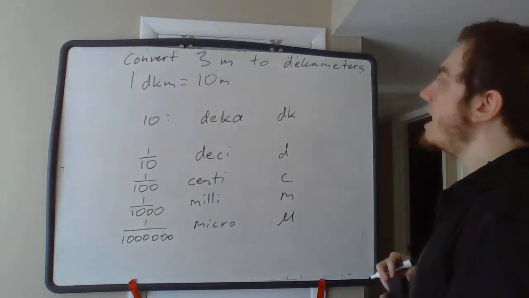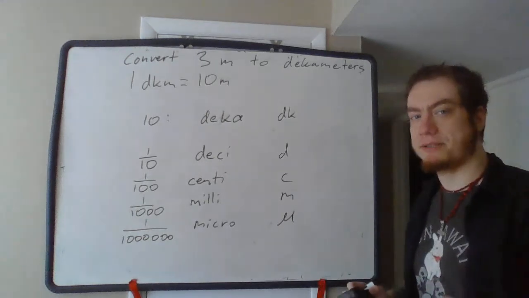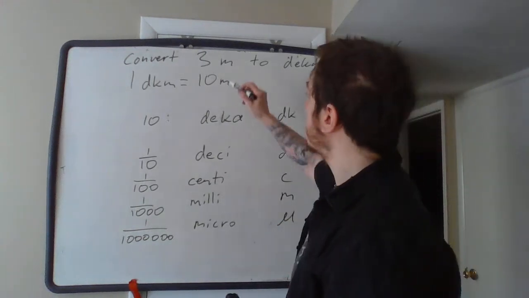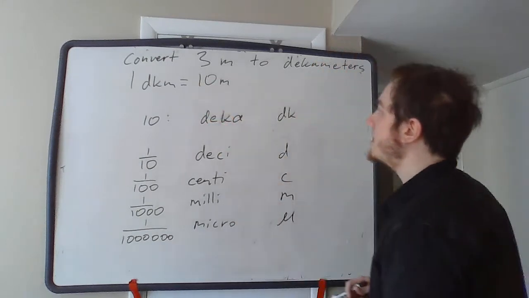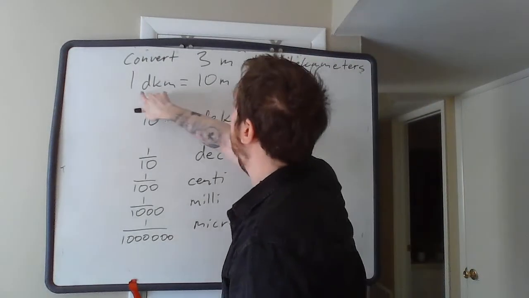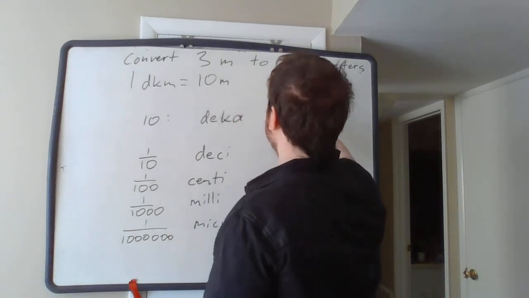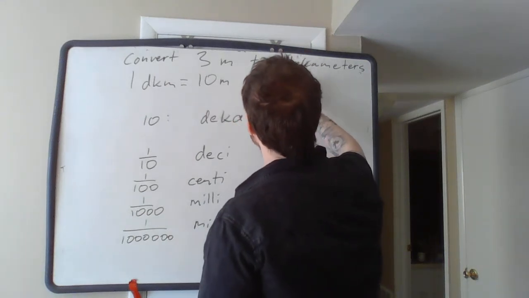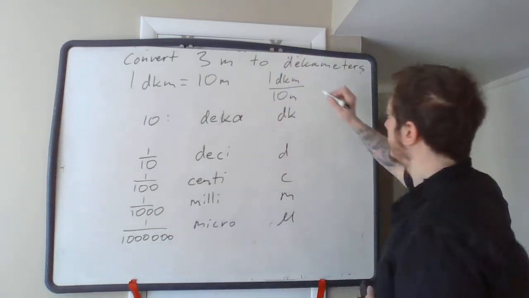And that gives me a conversion ratio. Now, if I want to convert this, think back to what we did last time with converting units. We want to cancel the meters and be left with decameters. So that means that I need to take this equation here and convert it into a ratio where I get 1 decameter per 10 meters.